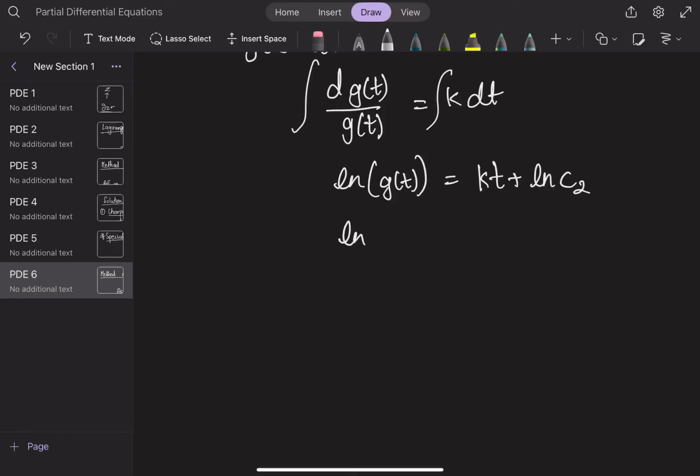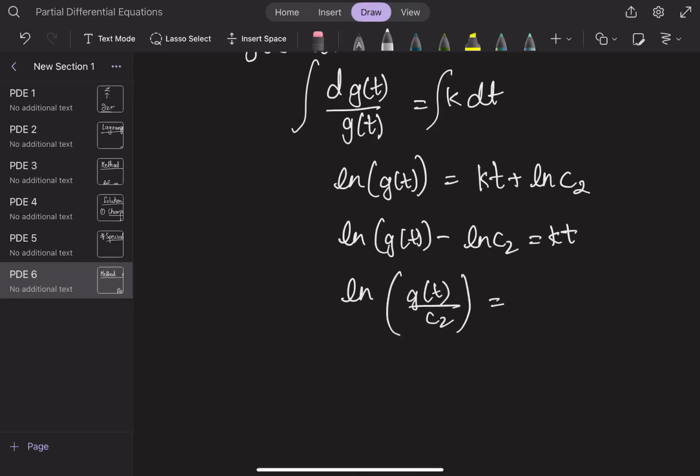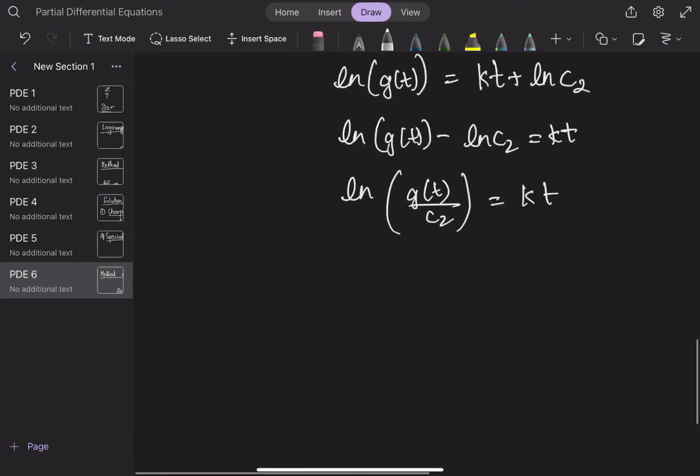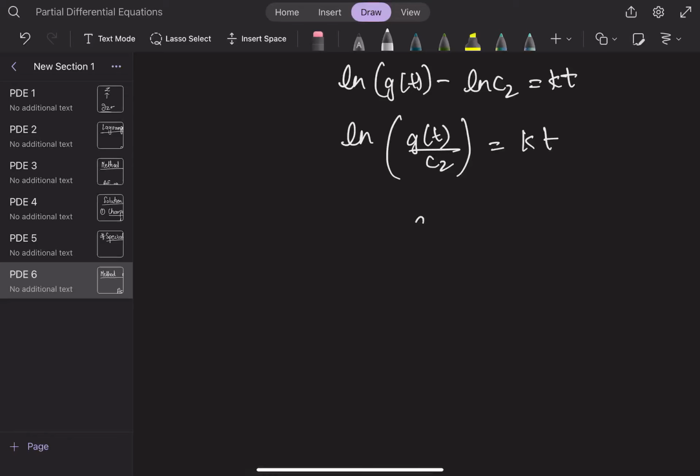So ln g(t) minus ln c2 is equal to kt. So ln of g(t) by c2 is equal to kt. So g(t) divided by c2 becomes e raised to kt. That means g(t) is c2 e raised to kt.